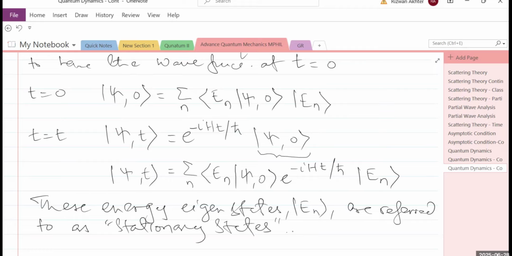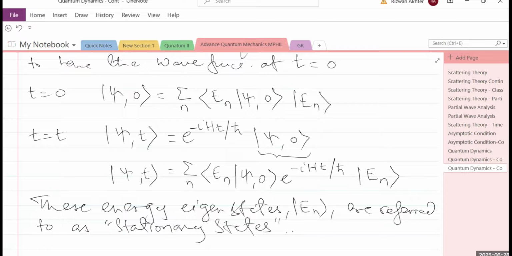If we start with some state psi which is proportional to one of the eigenstates, then it will remain proportional to that eigenstate, possibly multiplied by some phase factor.